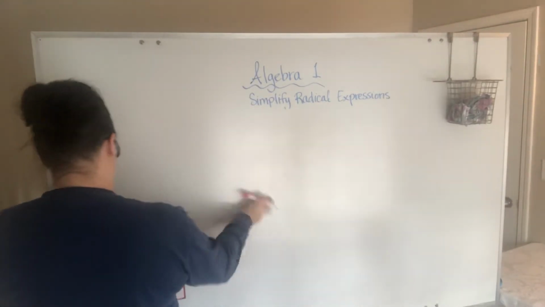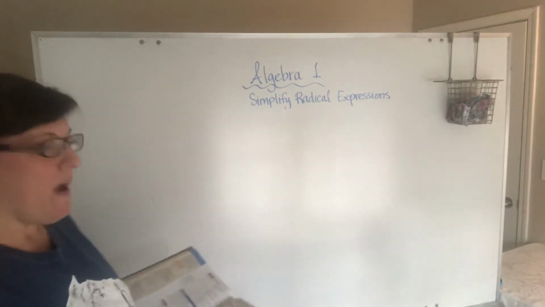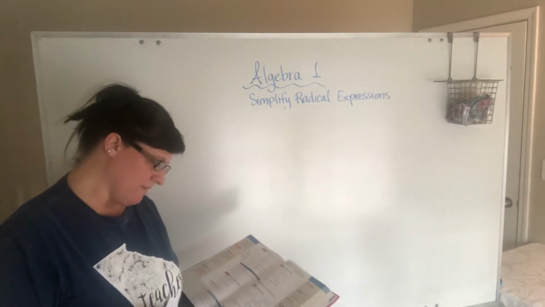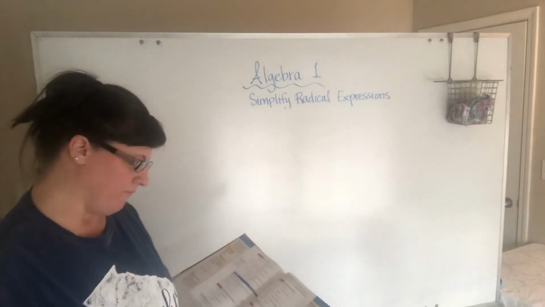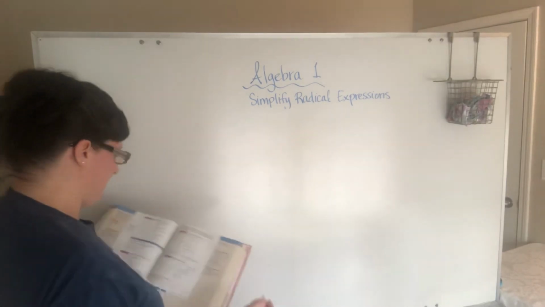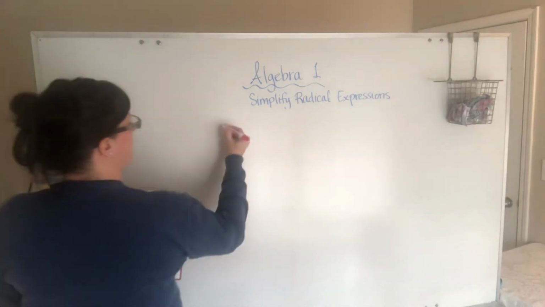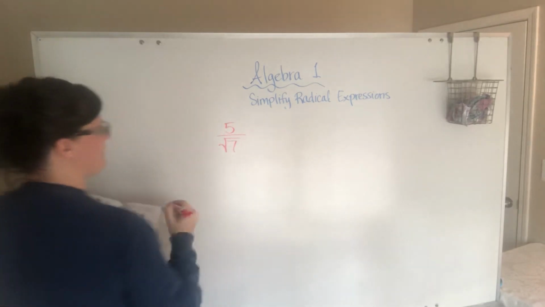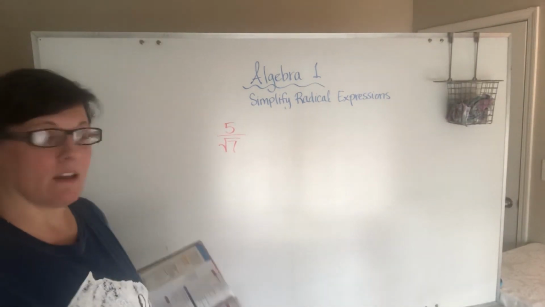Now, there's another step where if you have a radical sign in the denominator, we're getting onto example 4 on page 721. Okay, so if you look at it, 5 square roots of 7. You cannot leave a radical sign in the denominator. Well, how do I get rid of it?